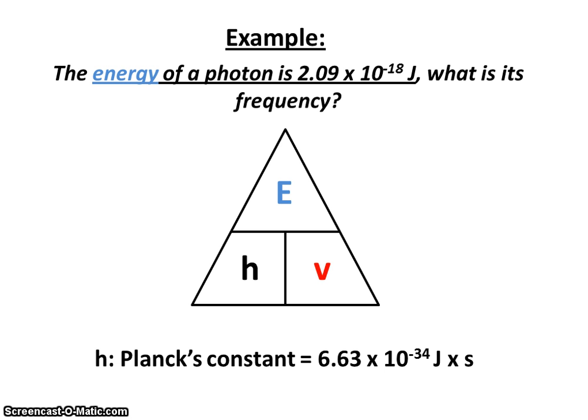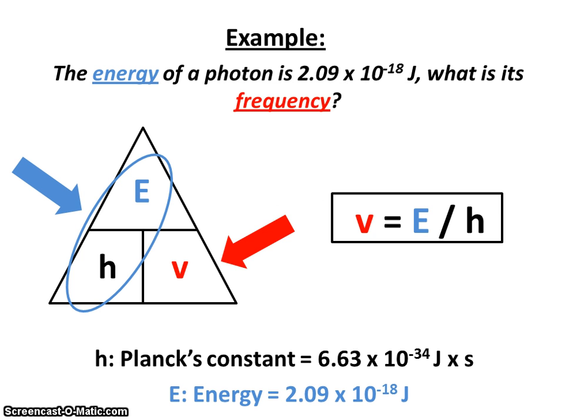In the triangle, that's represented by E. So now we have the energy given by the problem and Planck's constant, which is always the same. All we have to do now is use the triangle as we saw before and use the appropriate equation to find the frequency. In this case, looking at the triangle, frequency equals E over h.